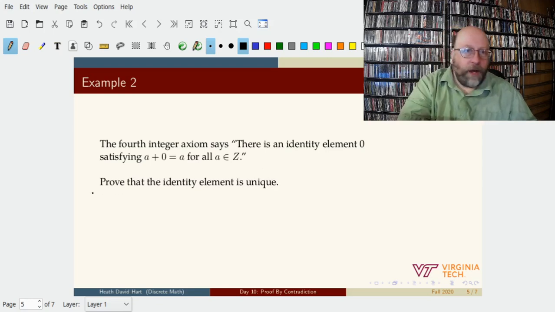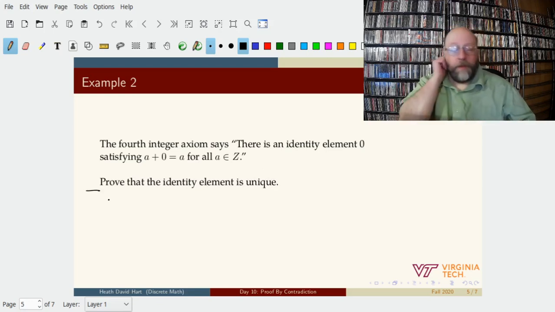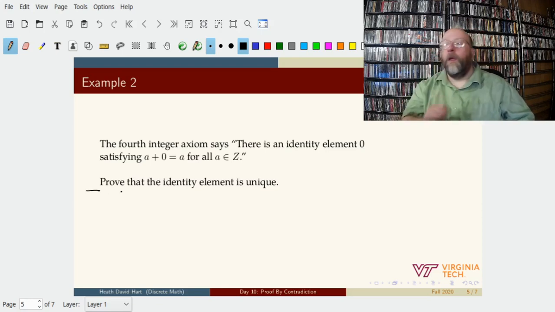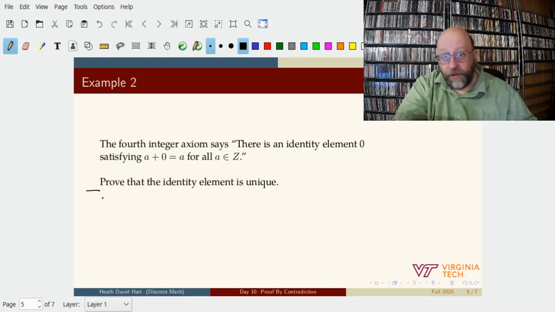So how are we going to prove that it's unique? We're going to assume that it's not unique. That there's more than one of them. And then show that it leads to a contradiction. So this is a proof by contradiction.